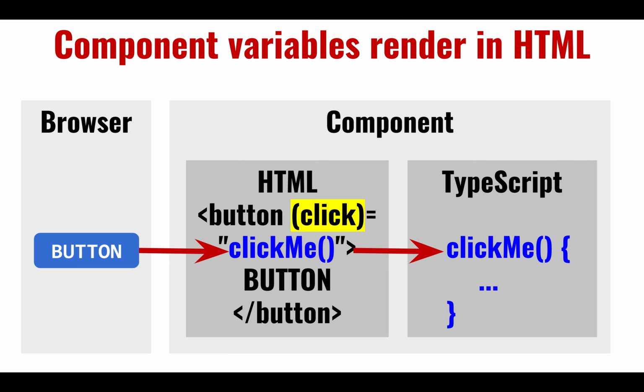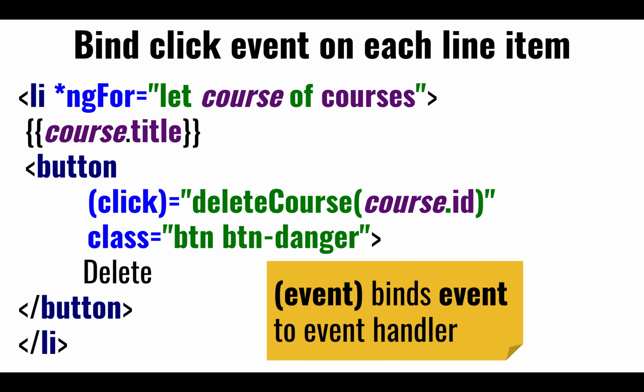What else? So when you click it, it's invoked, and you can do whatever you want. In the example, we are iterating over the courses and displaying the title of each course, and at the end of the title, we are rendering a delete button next to every single course.